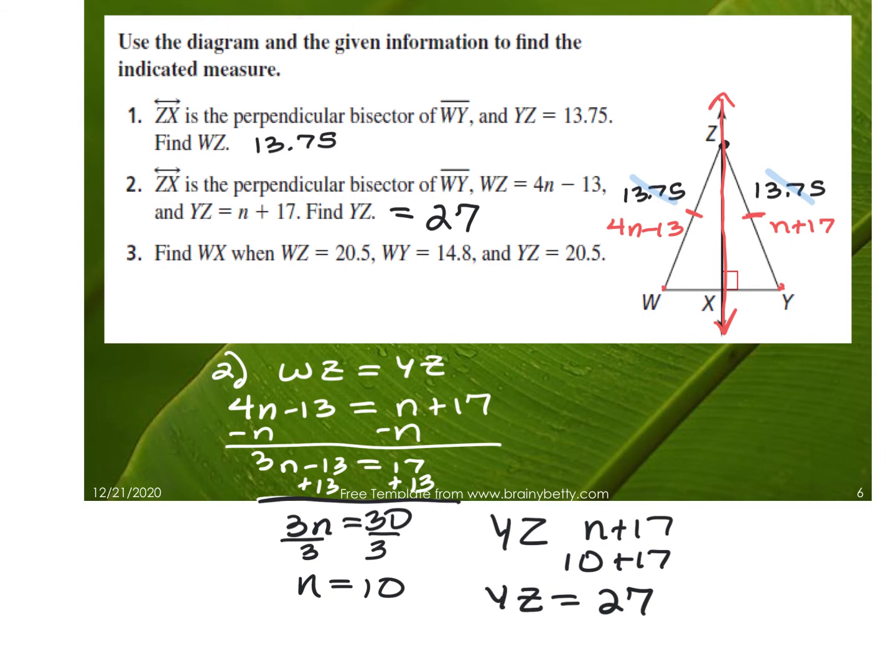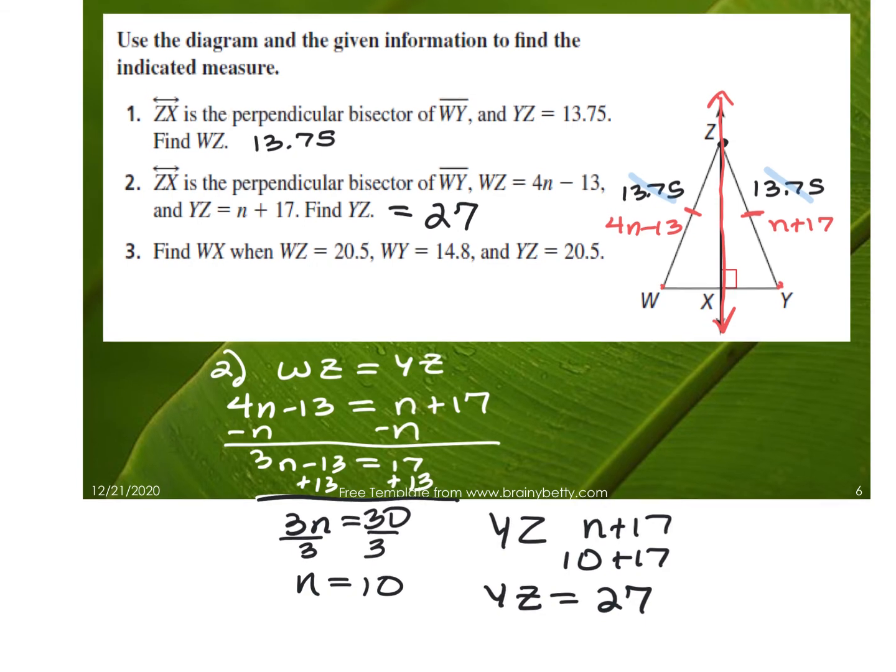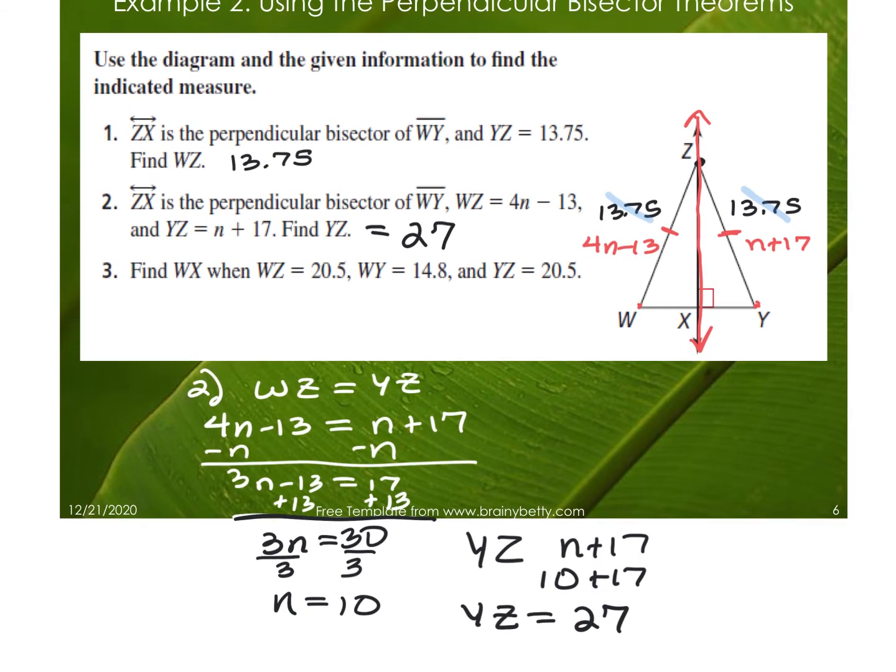Now for the third one here, this is where I'm going to use the converse, because this time they're not telling me that ZX is the perpendicular bisector. Now I'm not using the red anymore. So now I'm going to label what they're giving me in blue.